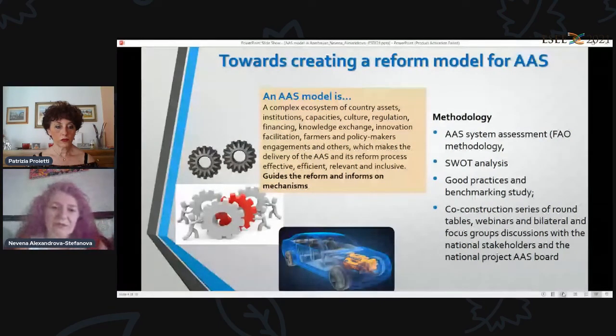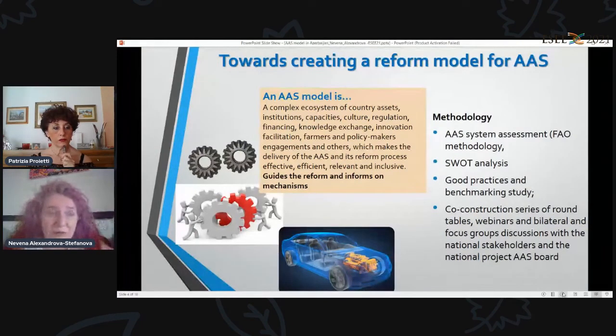It's a complex ecosystem of country assets, institutions, capacities, culture, religion, financing, knowledge exchange, innovation facilitation, farmers and policymakers engagement, and many others that make the delivery of the agricultural advisory services and the reform effective, efficient, relevant, and inclusive. So obviously, there are good models existing around the world.